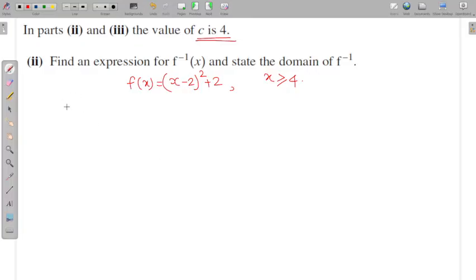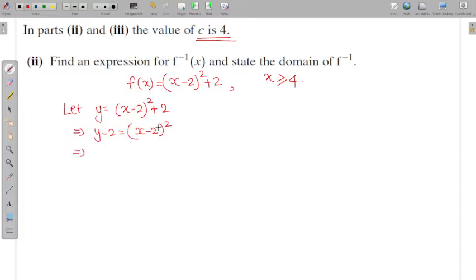So for that what we can do is let y equal to this expression, (x minus 2) whole square plus 2, and we have to make x the subject. So we can take this 2 to the left hand side. So y minus 2 equals (x minus 2) whole square.